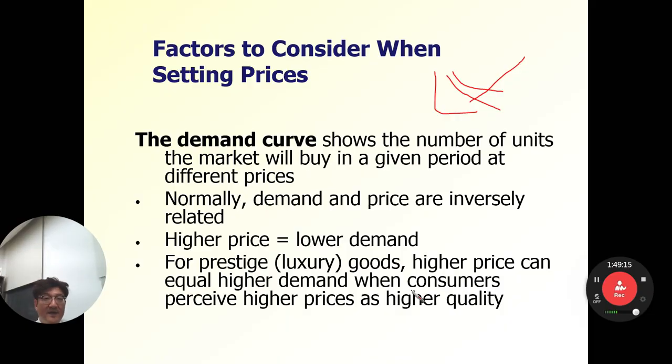People might see that since this one has a higher price, probably the quality is also good. If people perceive it that way, the high price also generates a high quantity. But not every time. Usually the price and the quantity are inversely related.